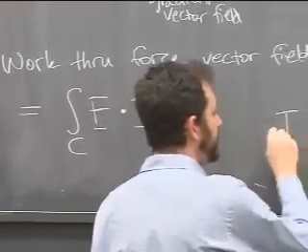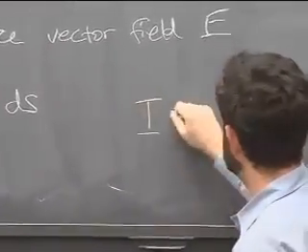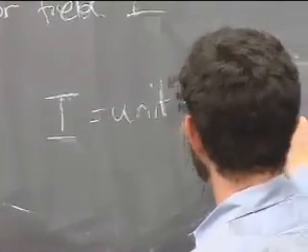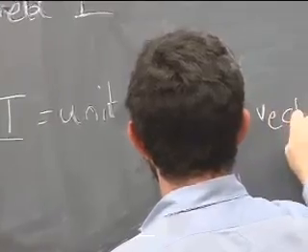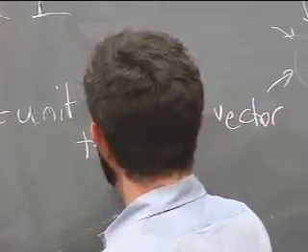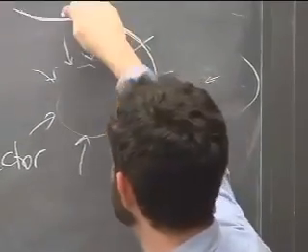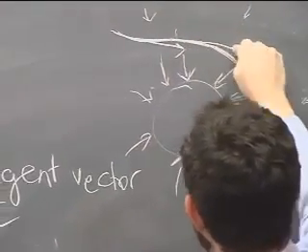Well, T is a unit tangent vector to C. So you have this curve here, and you have these force vectors, but I also want to consider the tangent vector along the curve.